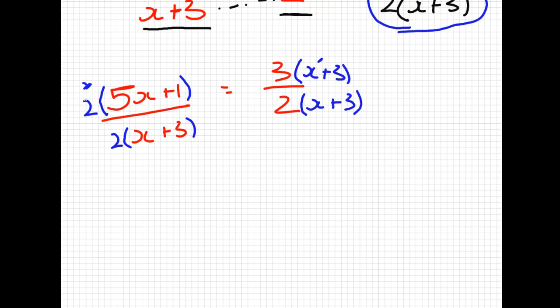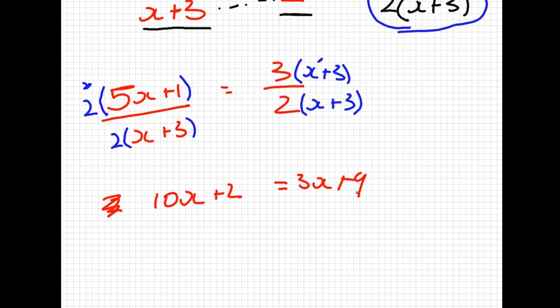Next, we have to expand these brackets in the next line. 2 times 5x is 10x. Add 2 times 1, that's 2. Now over here, top line, 3 times x and 3 times 3.